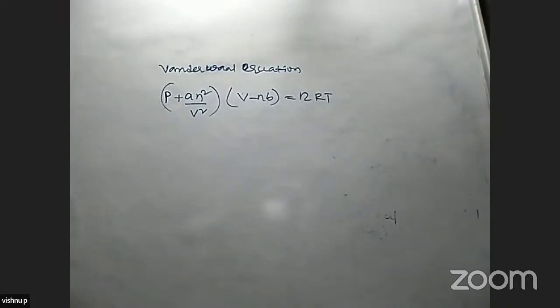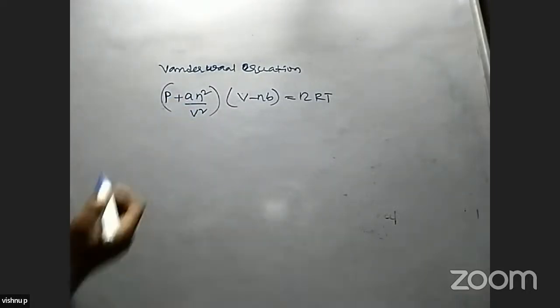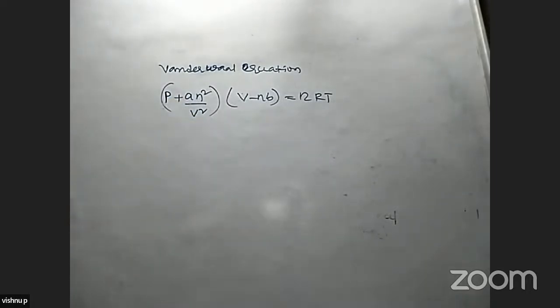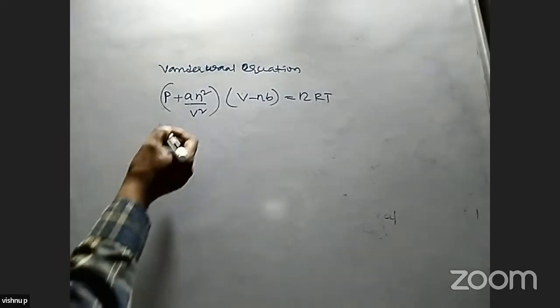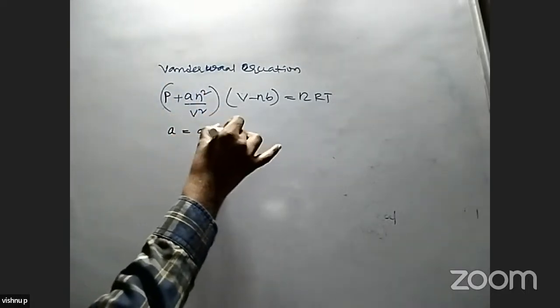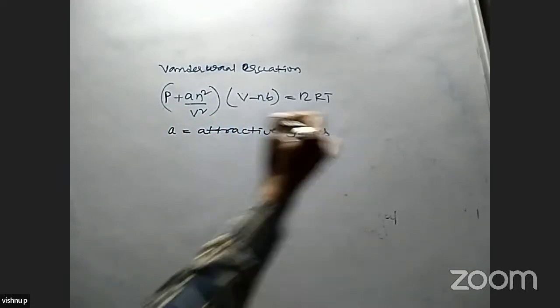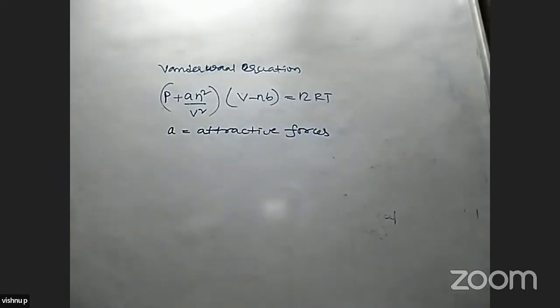A and B are independent of temperature. If any gas has a higher A value, that gas can be easily converted into the liquid state. If any gas has a higher B value, that gas cannot be easily converted into the liquid state. A does not depend on temperature, and it depends on attractive forces only.